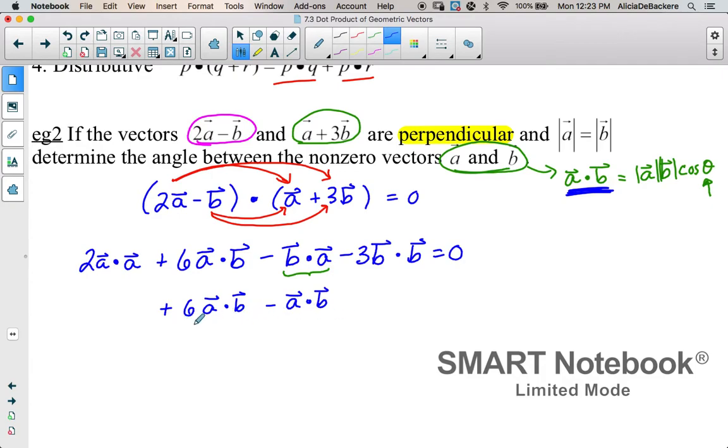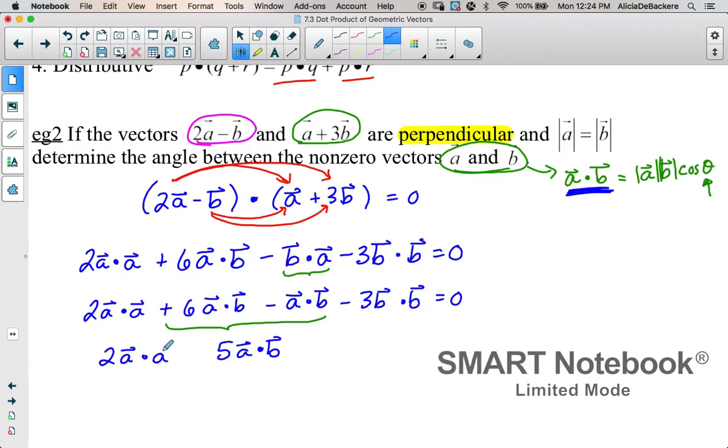I've got 6 a dot b's and minus 1 a dot b. That's going to be 5 a dot b's. And then tagging along here, so we said these middle two, I can kind of collect them. And then I can also change the a dot a's, but I'm going to do that all in the same step here.